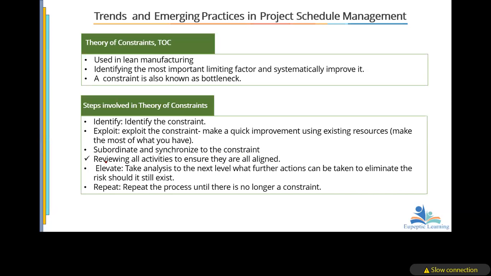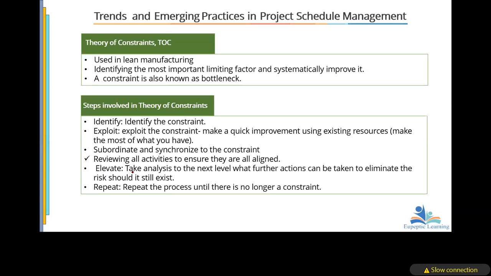DFSS is simply trying to make sure that quality is built into the product from the onset. So we'll look at project quality management where we talk about Six Sigma. So TOC is one of those things that we'll look at, especially in new product development.